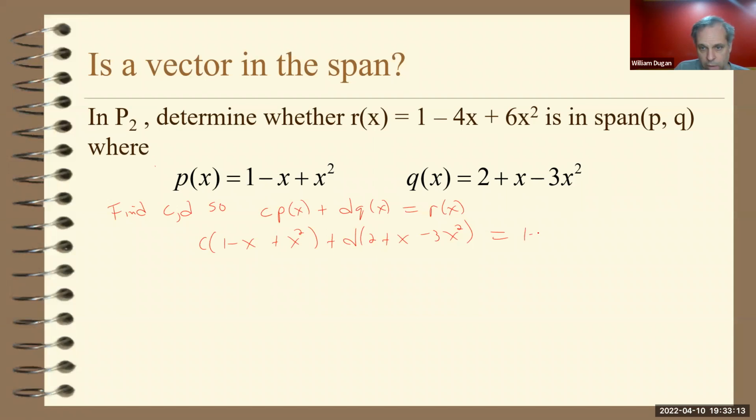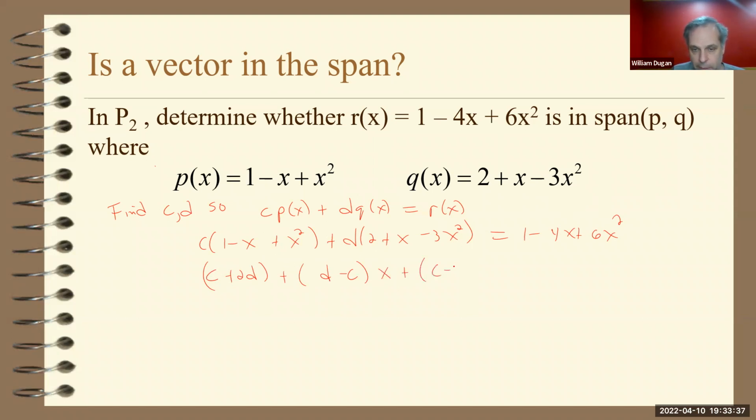Will that equal 1 minus 4x plus 6x squared for some choice of C and D? On the left-hand side, just add up like terms. You would then get C plus 2D, the constant, plus D minus C, or if you want minus C plus D, times x. You then have plus.